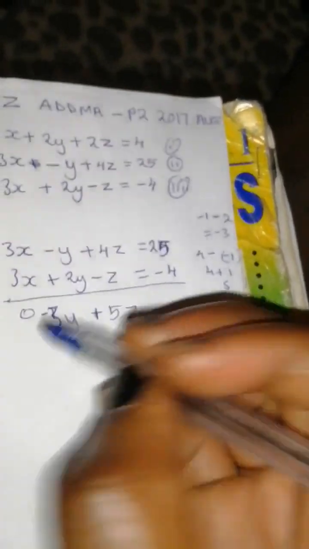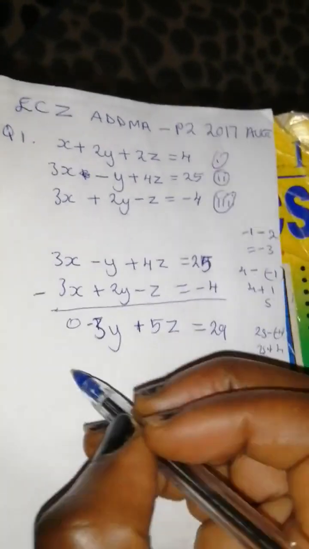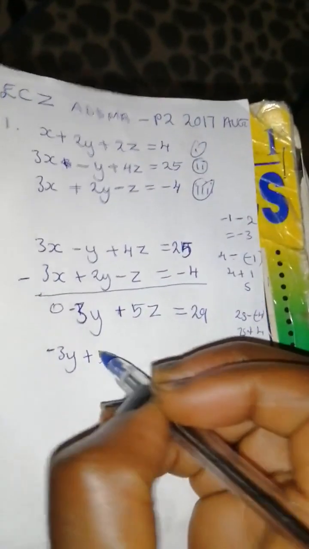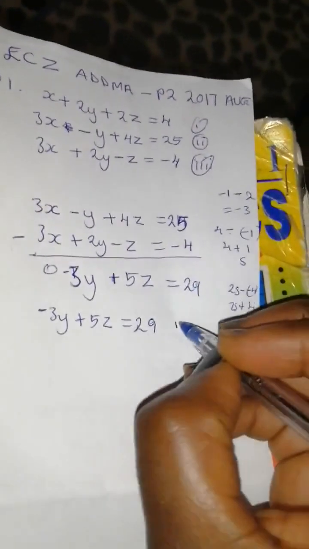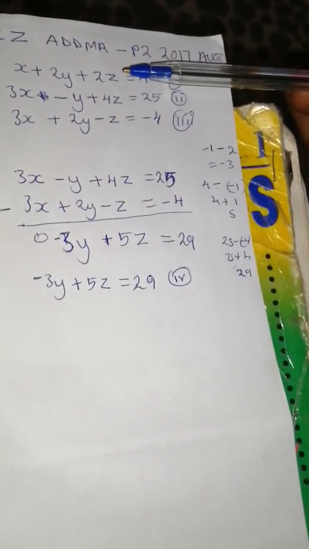Okay, so the new equation that I have with two variables is negative 3y plus 5z equals 29. So this can be equation 4. Okay, then we can get another one.